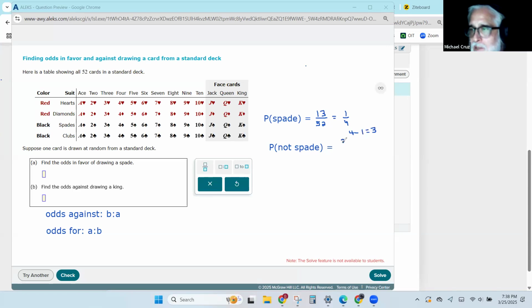So then the probability of not a spade is 3/4 because there's 3 of those suits that are not spades. So A is equal to 1, B is equal to 3. So they want odds in favor of a spade, and odds in favor or odds for is A to B, so 1 to 3.